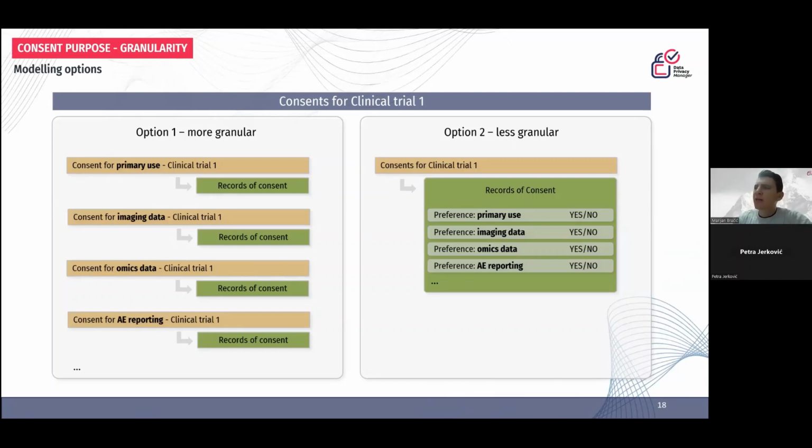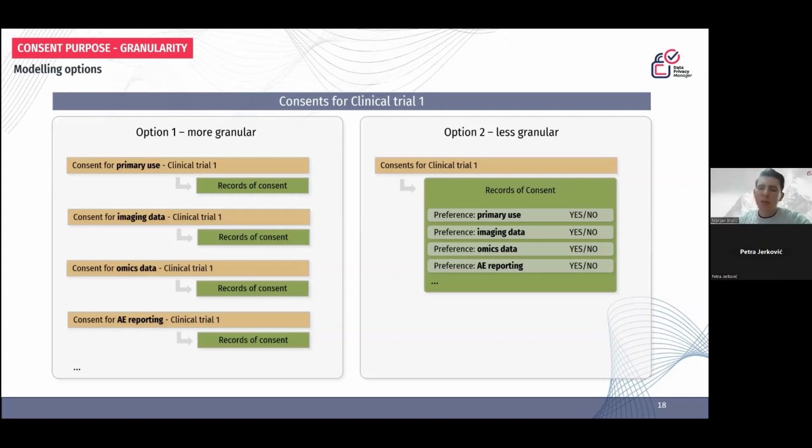On the left side, you have the more granular option where you will, for example, process data for the trials for primary use, you will process imaging data, you will process omics data, you will do adverse event reporting eventually. So any of those can be modeled as an individual consent purpose.